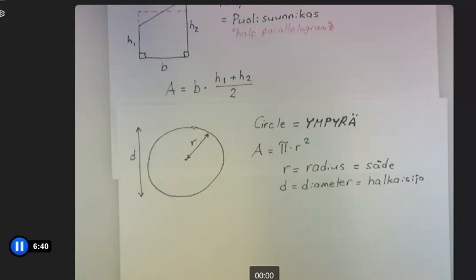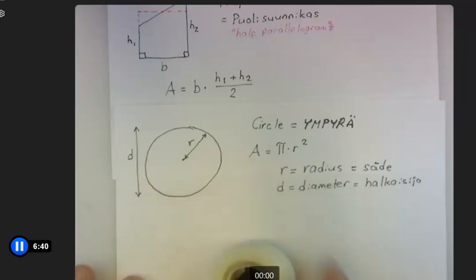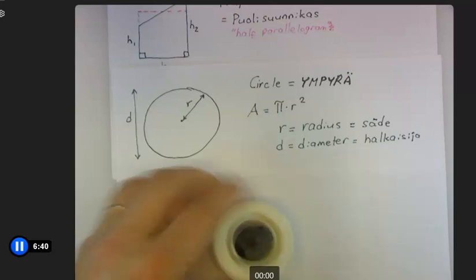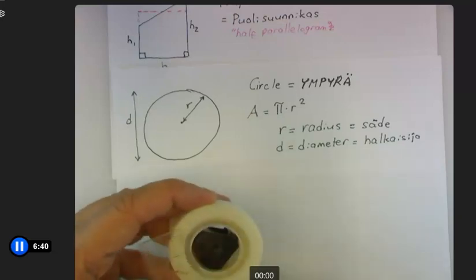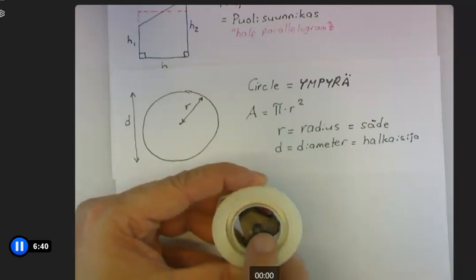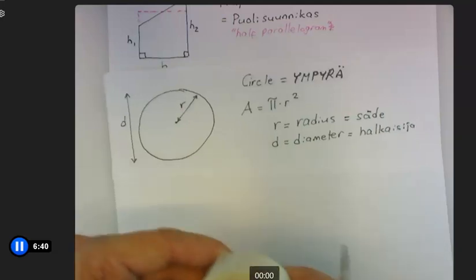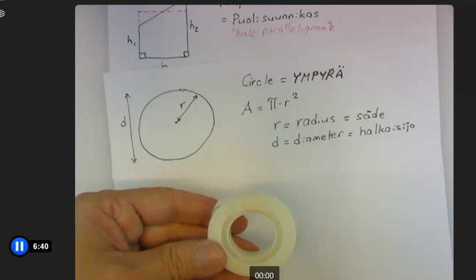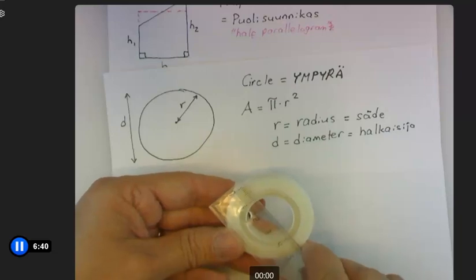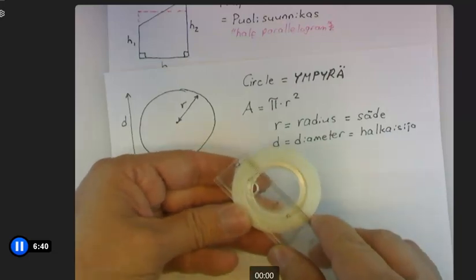For example, here I have this kind of thing, and it is easier to measure the diameter than the radius, because in this case I see the midpoint of the circle, but mostly you don't see that, and it is very hard to measure the radius, but it is easy to measure the diameter here, about 5 centimeters in this case.